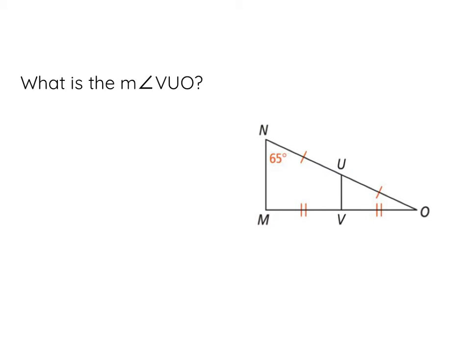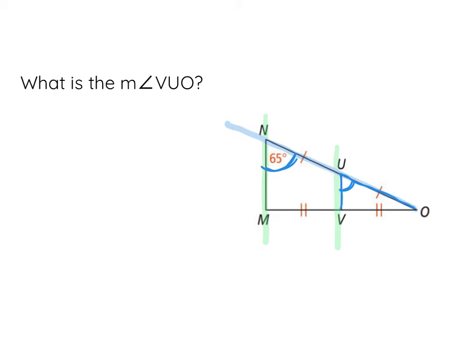Okay, now this is going to say, what is the measure of angle VUO? So that's VUO, that's this angle right here. Why is this something that we know? Well, we just spent time in that last example saying we have these parallel lines. When we have parallel lines and a transversal, or a line cutting through them, we know certain things about the angle pairs that we have.